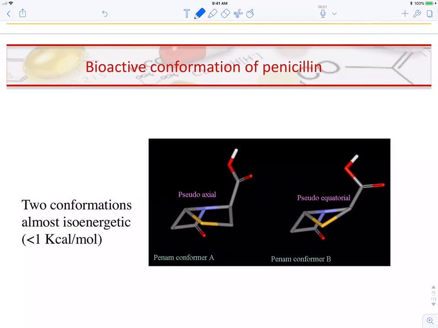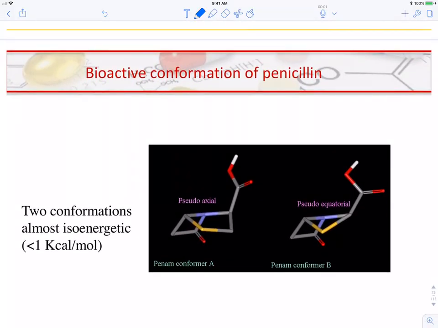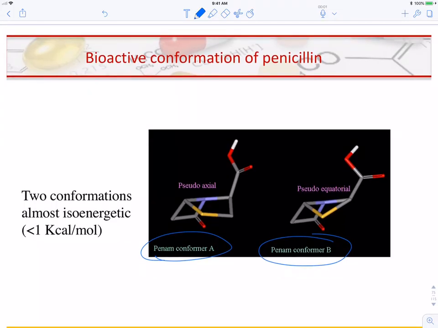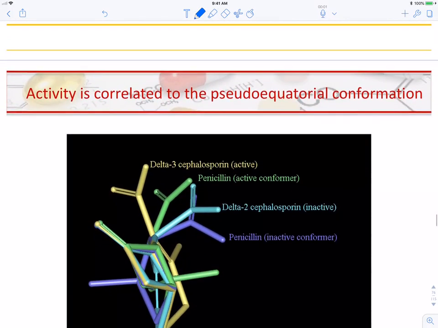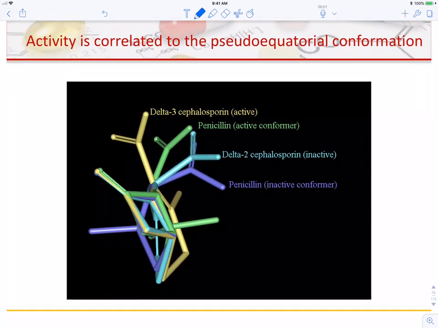The bioactive conformation is one of two almost isoenergetic conformations. We have two in which the carboxylic group is either pseudo-axial or pseudo-equatorial, and the activity is correlated with the pseudo-equatorial one.